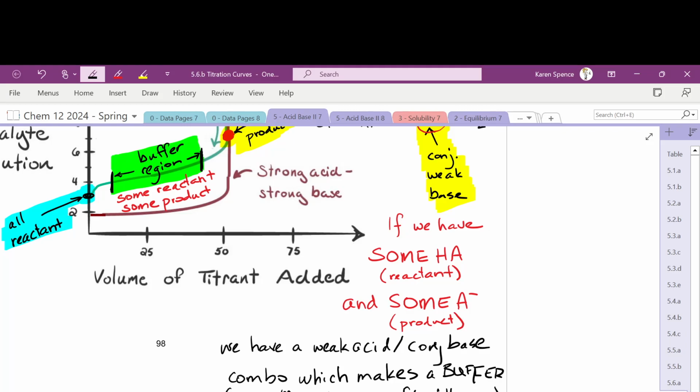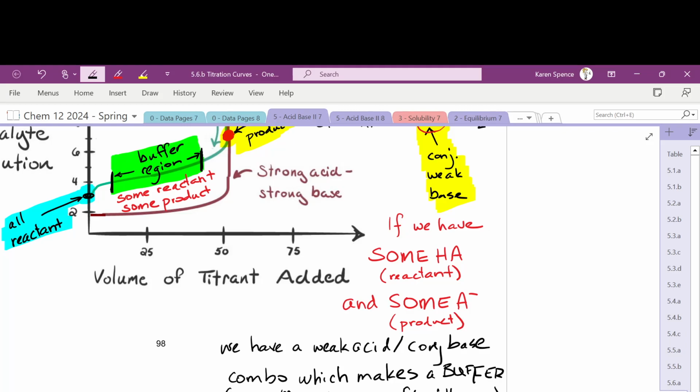So are we kind of getting that? At the beginning, we have all reactant. At the equivalence point, we have all products. In between there, we have reactant and product, which means we have weak acid and weak base, which means that we have an equilibrium. Yes? It is less susceptible to change than it would be if you didn't have the acid or the base present.